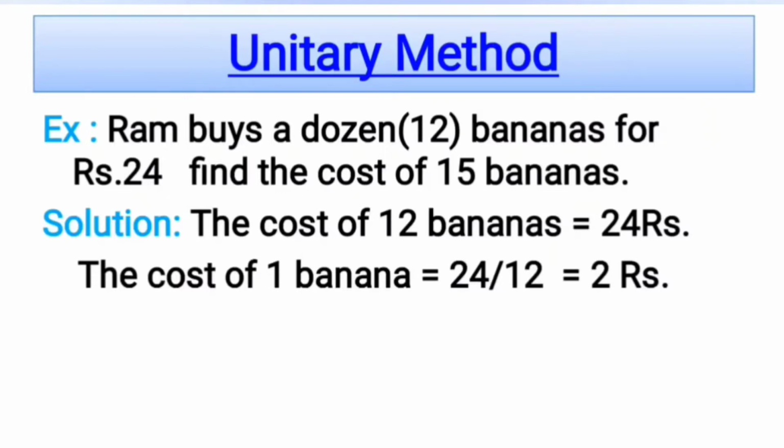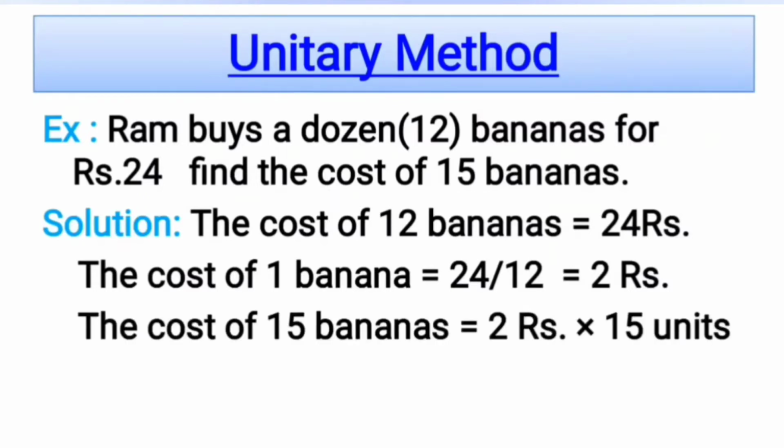So, the cost of one banana is 2 rupees. Now, to find out the cost of 15 bananas, we have to multiply it with 2. We get the cost of 15 bananas equals 2 multiplied by 15 equals 30 rupees.